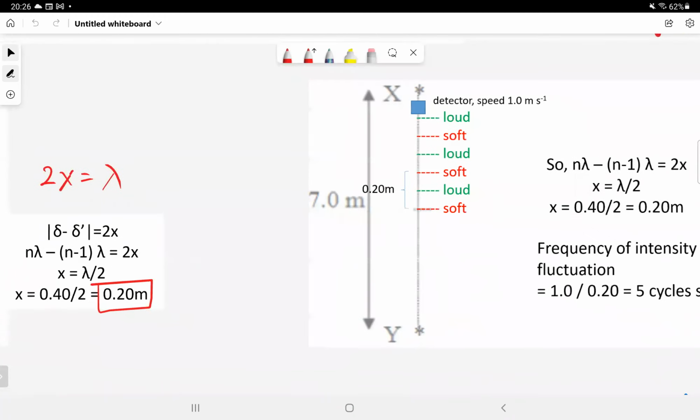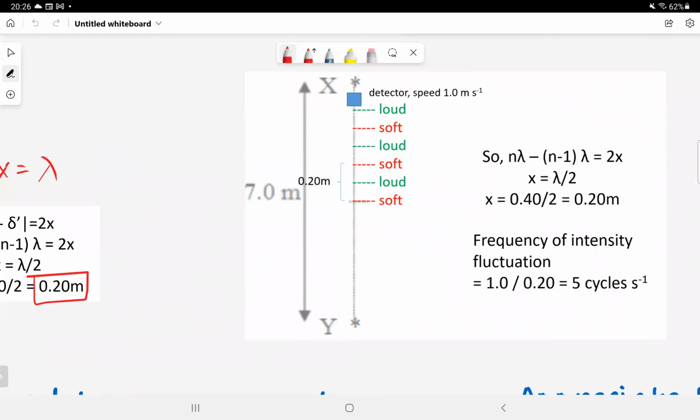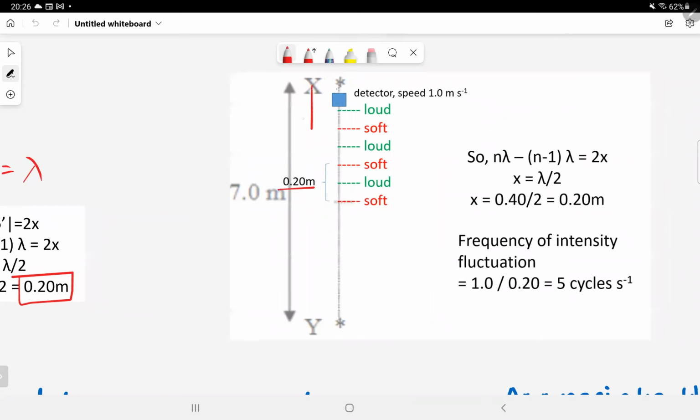Now we know the distance is 0.2. And this detector is moving down at 1.0 meter per second. So in 1 second, you will have moved by 1 meter.